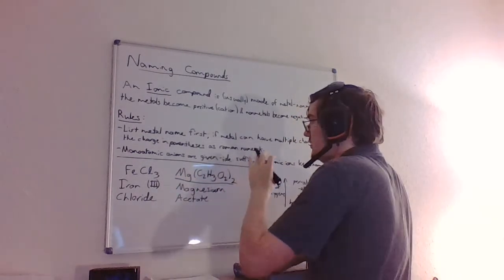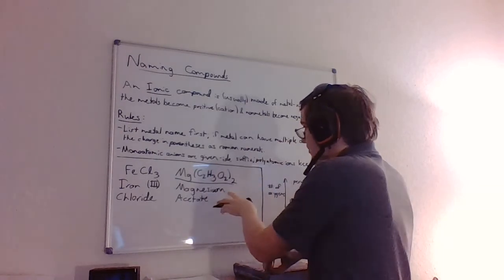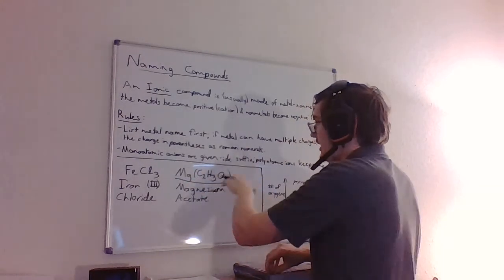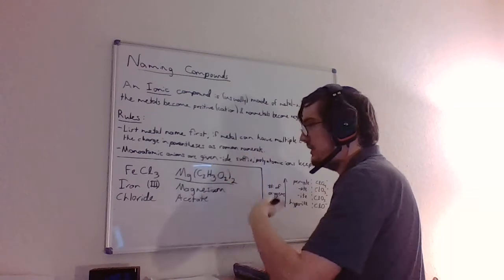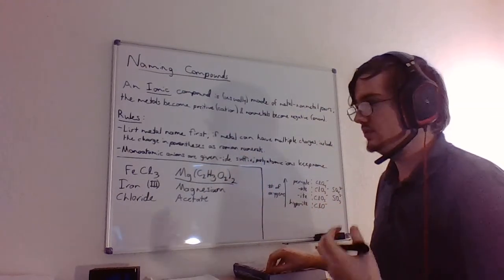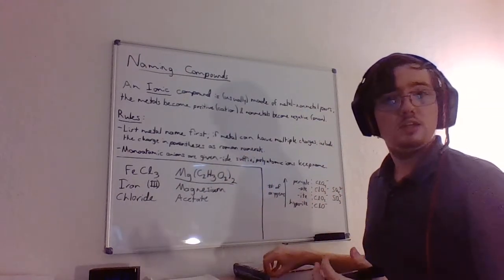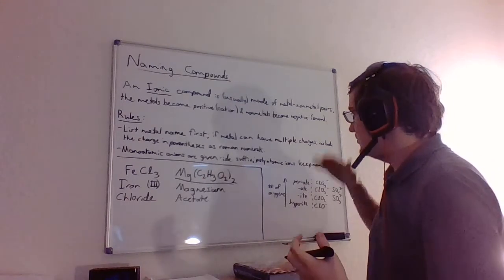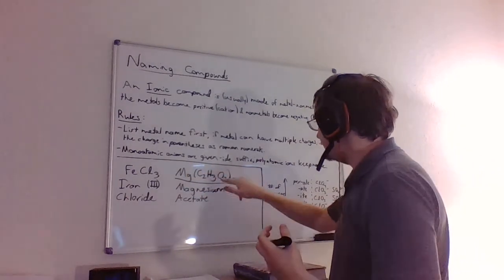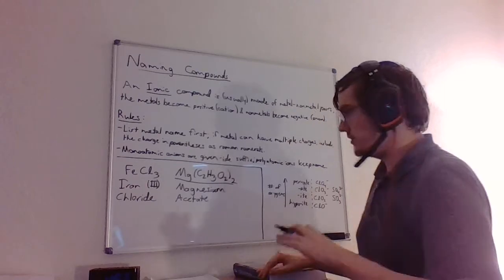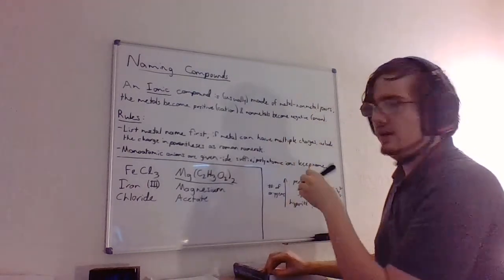So just one name pairs with one thing here. So you don't need to add the additional challenge of counting up things. You can just say this is magnesium, that's acetate, and then you're done. So there's no counting system when it comes to ionic compounds.